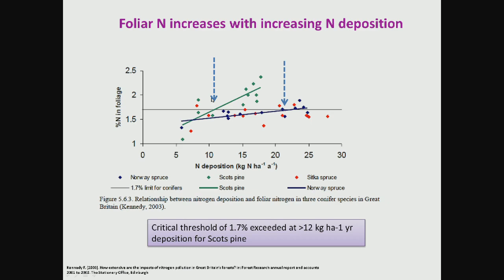And for comparison, in Scots pine, 12 kilograms is their critical threshold here. And you can see, as you increase the amount of nitrogen deposition in Scots pine, the amount of nitrogen in their leaves goes up. Which you might think is a good idea for a leaf, but above a certain percentage, you start getting injury.